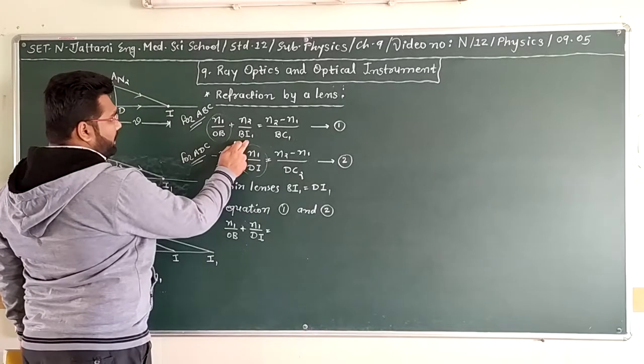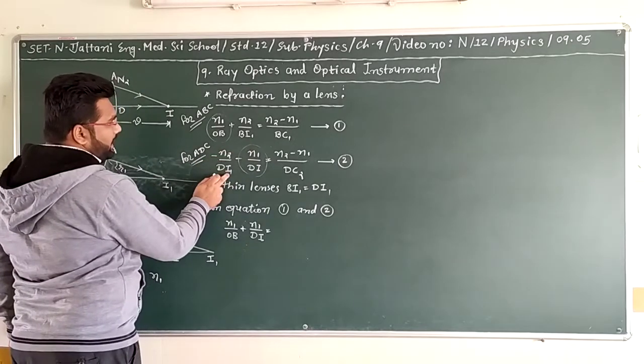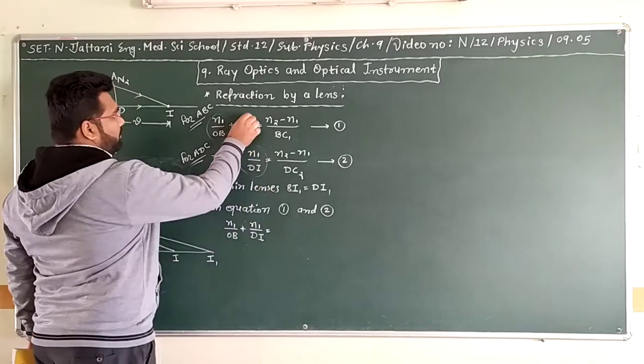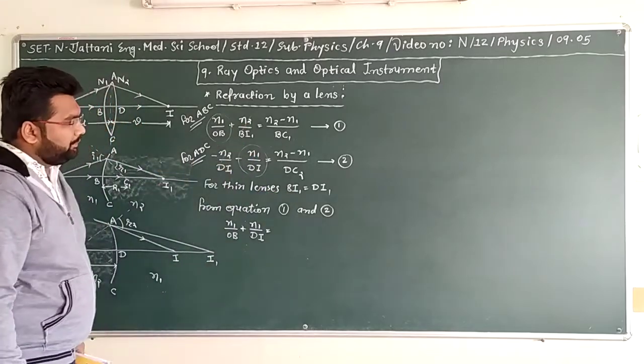Now n2 upon bi1 minus n2 upon di1, but bi1 and di1 are both equal, so this term will cancel out.